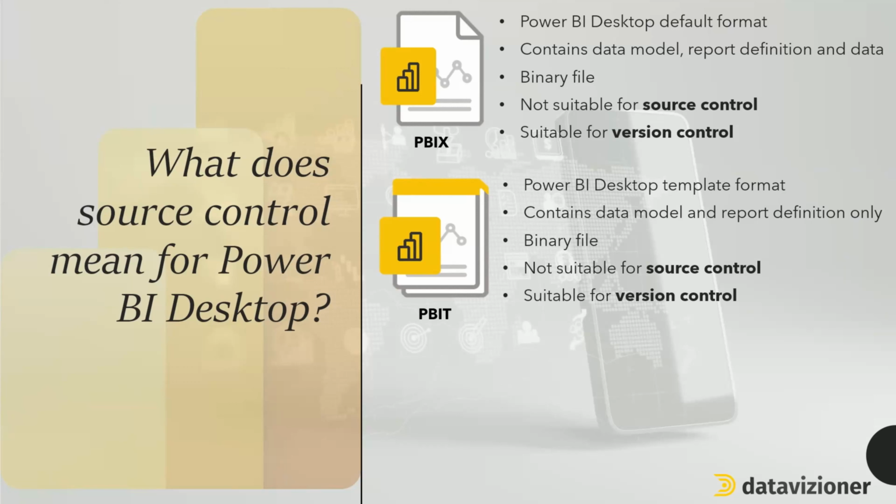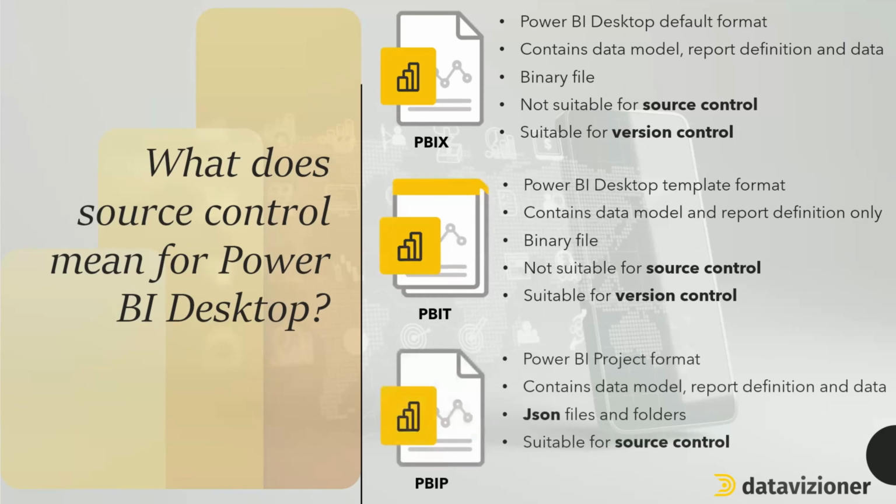I think it was 2 or 3 months back that the Power BI project file type was introduced to the community, which is the PBIP file. The Power BI project file format deconstructs the PBIX file, which, as I mentioned, includes the data model definition and the report definition, and the data itself, into files and folders.